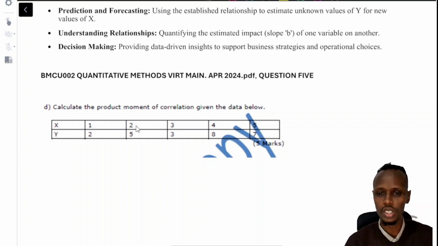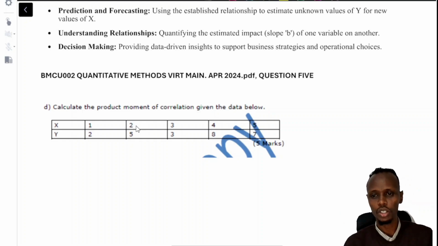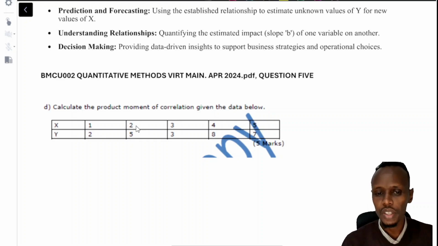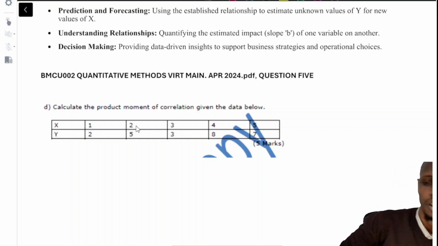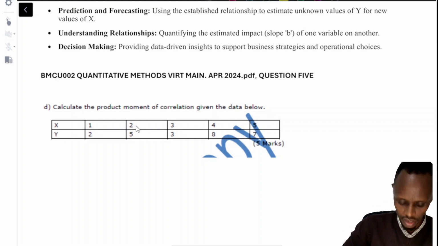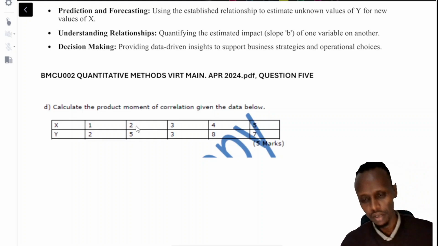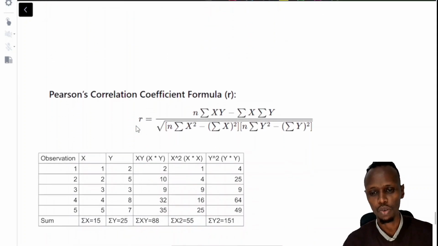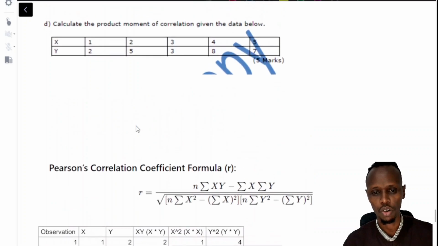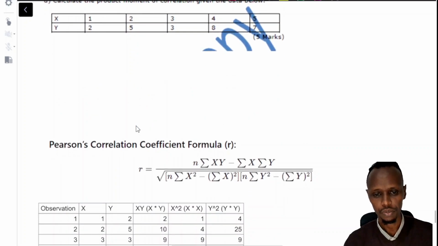This question is just 5 marks, but the other question is 15 marks. So please learn and practice as much as you can. I will give you the answer to both questions, but I will solve the first one.